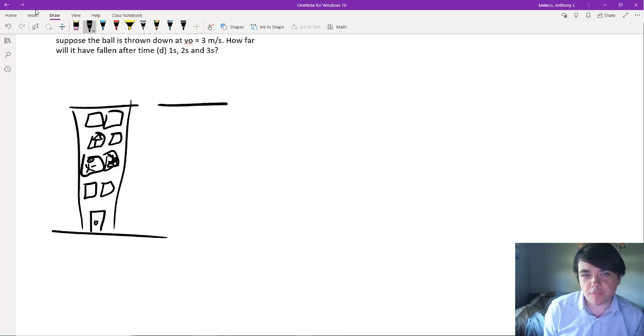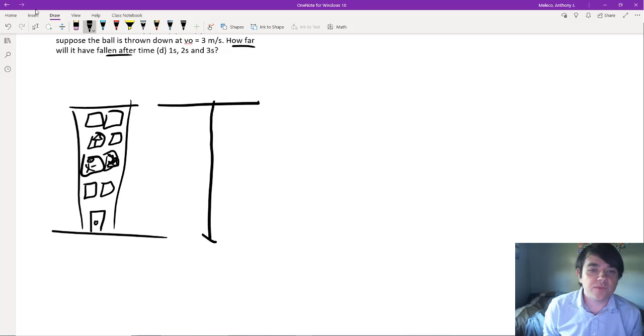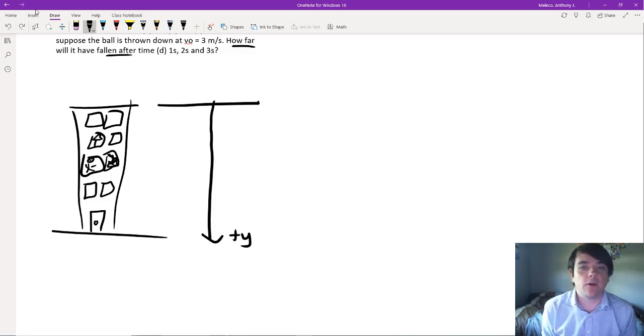And what I'm going to do for this example is, because we want to know how far it will have fallen, if I were to make up positive, all our positions would be 0 or negative. And so I'm actually going to make down positive. I'm going to call it positive y. So we're switching from x to y because we're doing vertical now, just straight up and down.